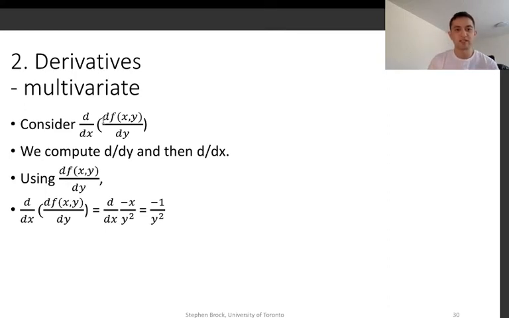But since we already did the derivative with respect to y, we might as well use that in our computation. So we compute d dy and then d dx. Using the derivative of f with respect to y, we get d over dx of negative x over y squared. We take the derivative of this with respect to x. The negative 1 over y squared is just a constant with respect to x, so we get negative 1 over y squared.